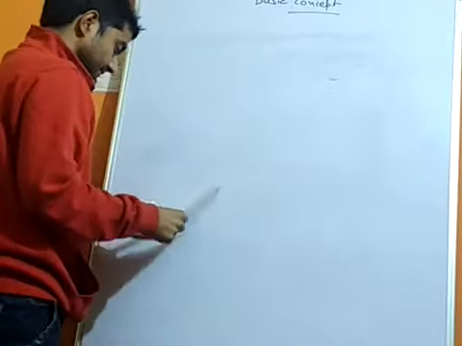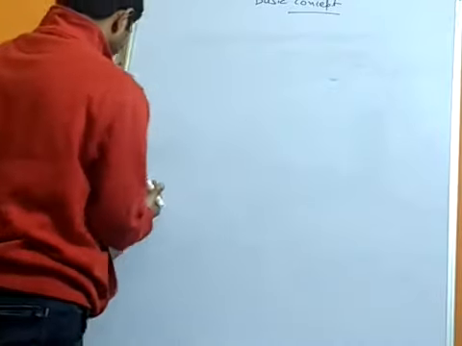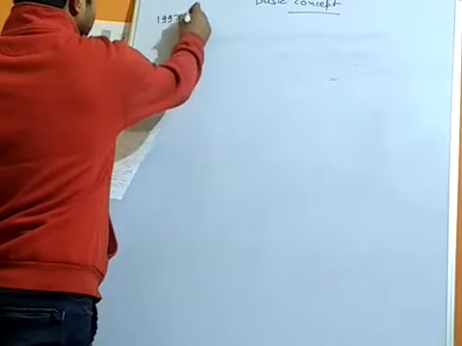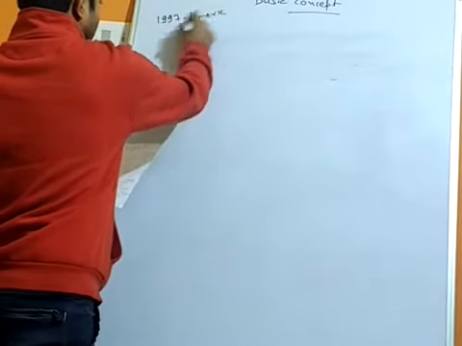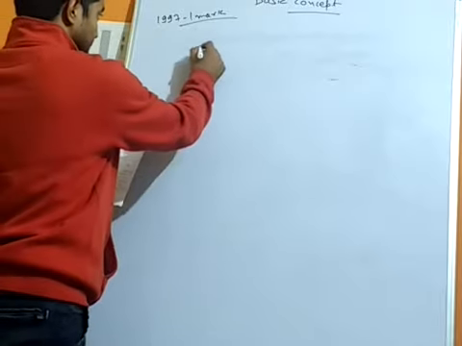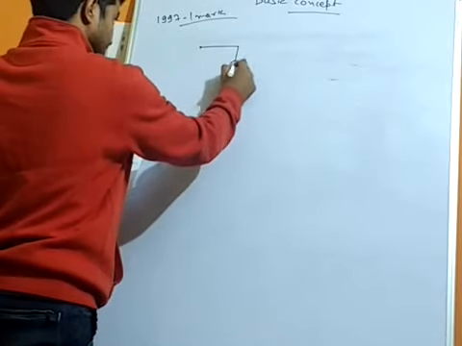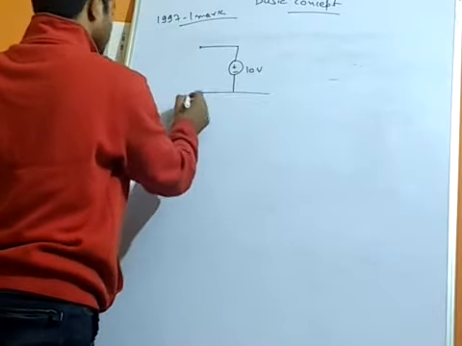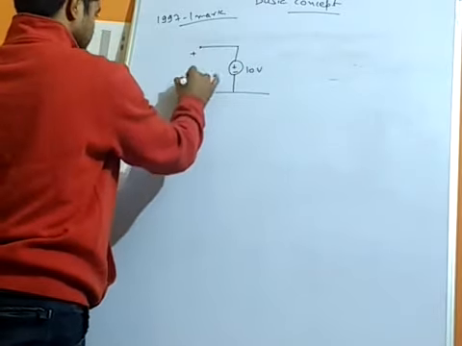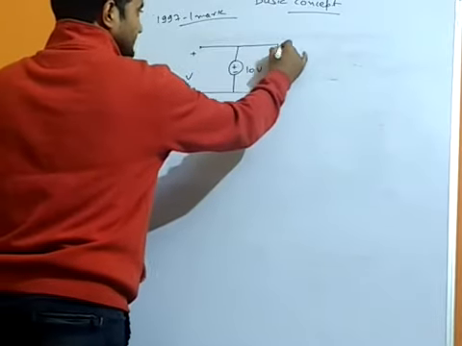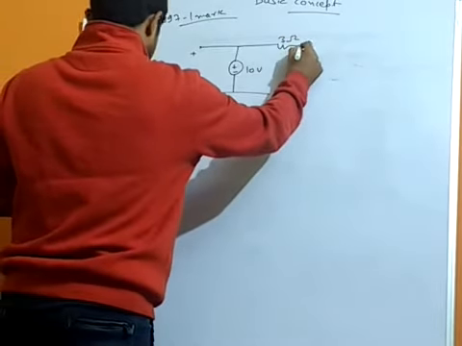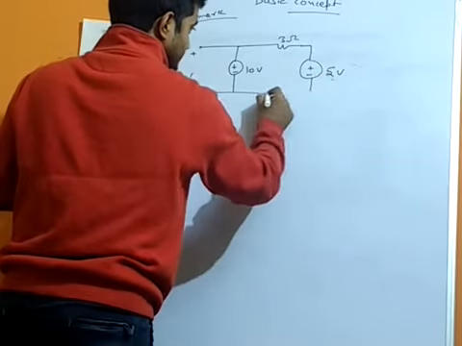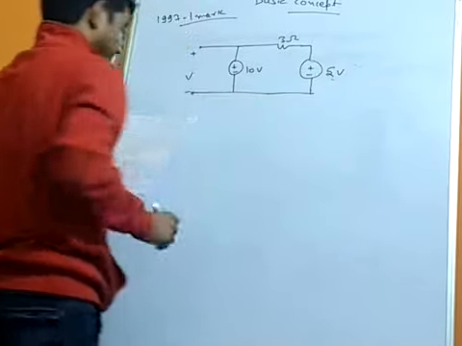This is the question we have. The question is from 1997, a 1 mark question. A circuit is drawn with a plus minus 10 volt source, and here it is plus minus V, a 3 ohm resistance, and here a plus minus 5 volt, again a voltage source.